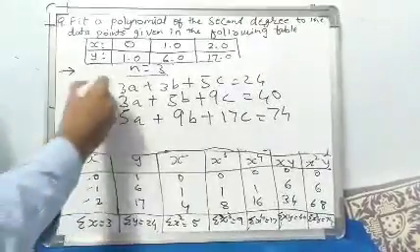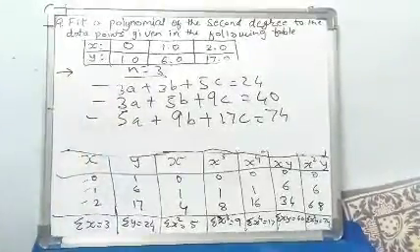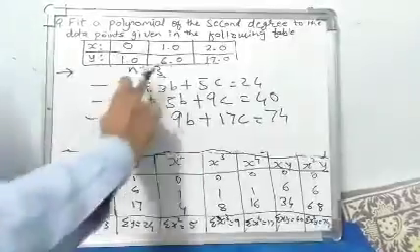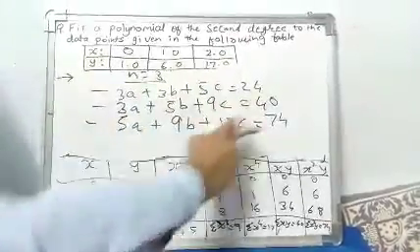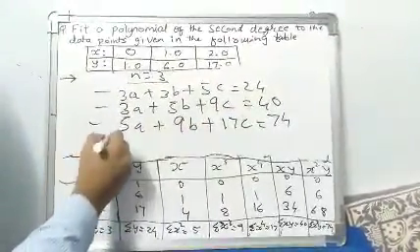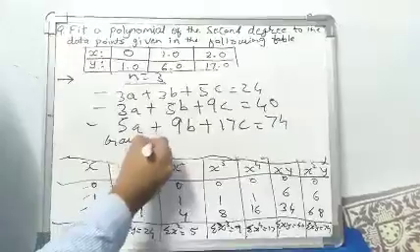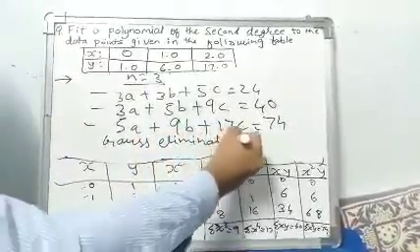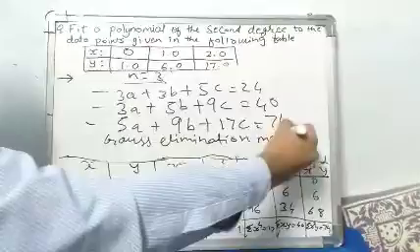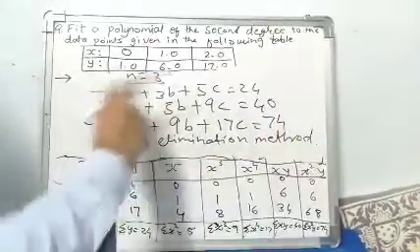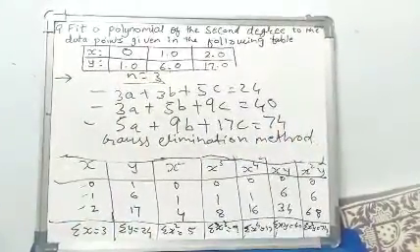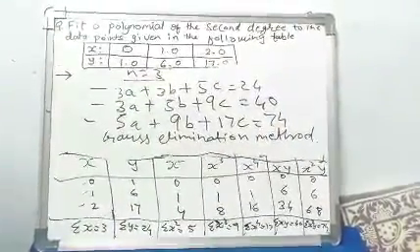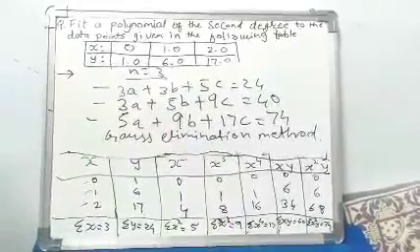These are the three equations which we got. We need to solve these three equations using the Gauss elimination method and find the values of a, b and c. I am not going to solve this here using Gauss elimination method.